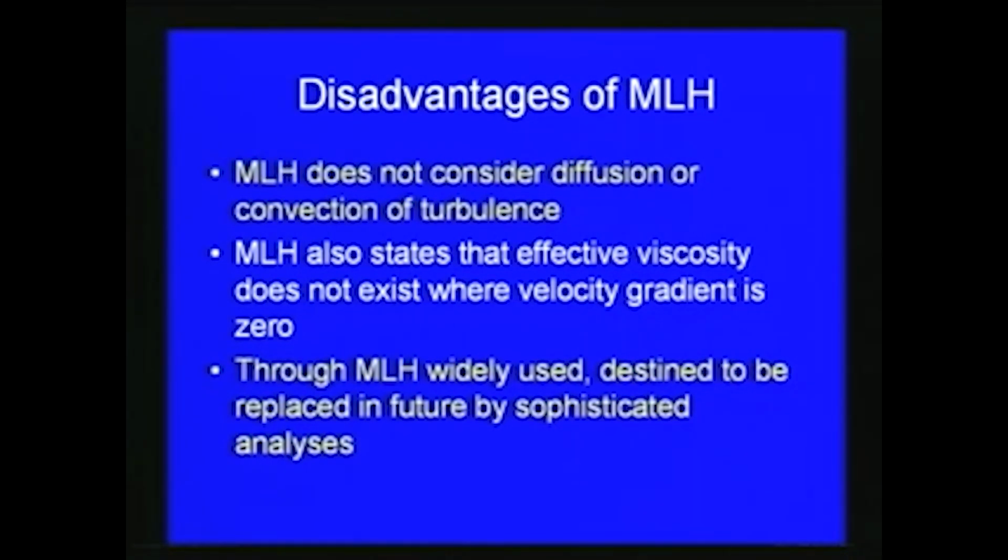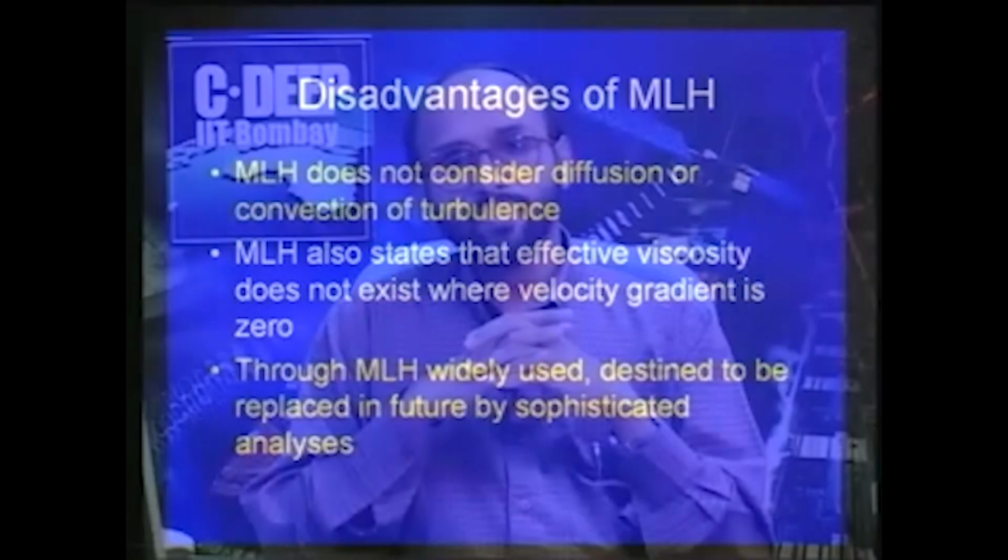As I mentioned, Prandtl's mixing length theory is based upon some experimental observations, some empirical relationships and some of the theories at that time. Among the disadvantages, the mixing length hypothesis does not consider diffusion or convection of turbulence.